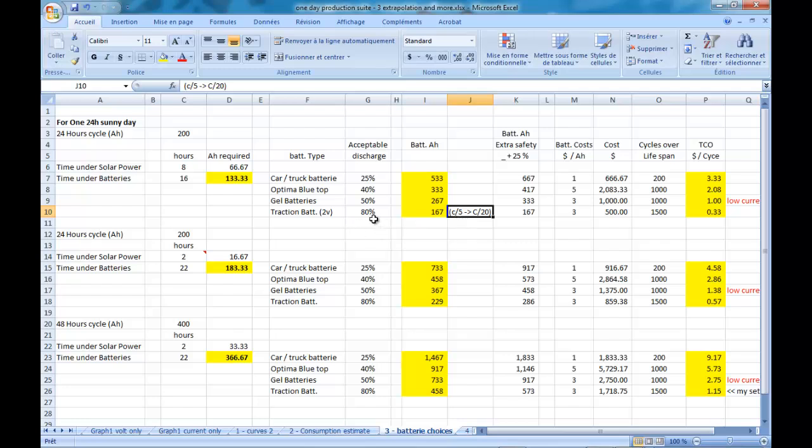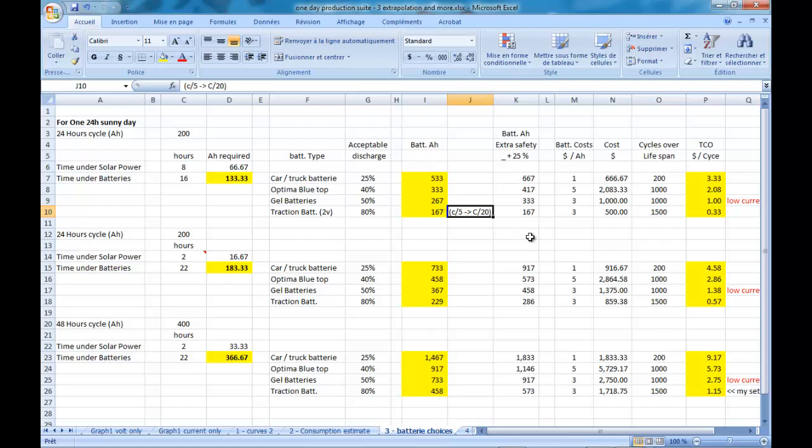So basically when they tell you it is that much ampere hours, it's under a 5-hour discharge, when all those batteries are given under a 20 hour discharge. And the faster you discharge, the less it lasts. So basically if you want to compare those numbers, the traction battery has already taken into account that 25%. So this is not moving. That's why this one is going from 127 to 167, because it's taking into account the change in the standard for measuring capacity.